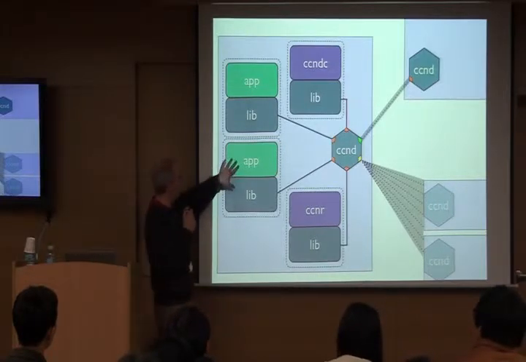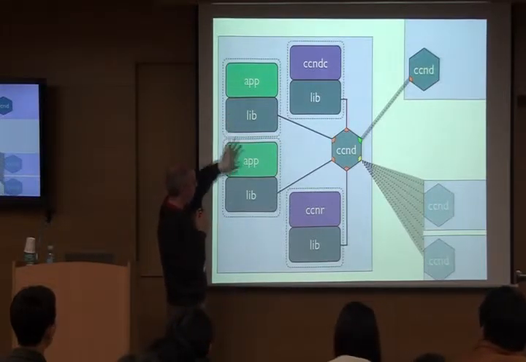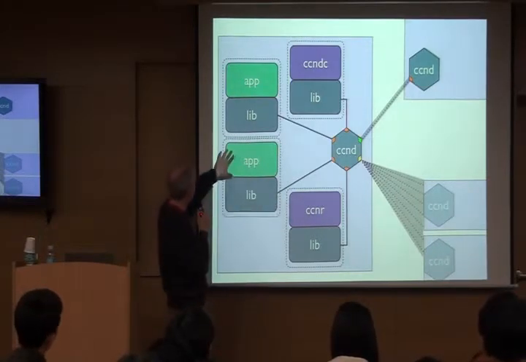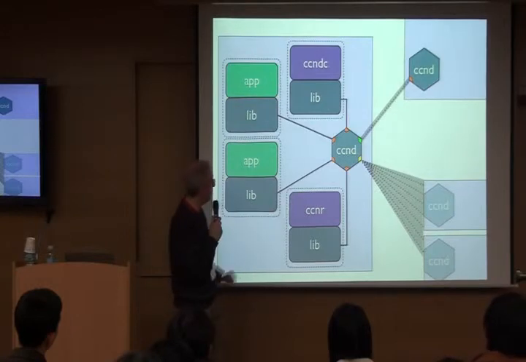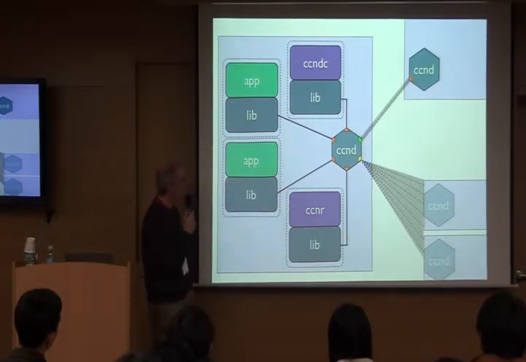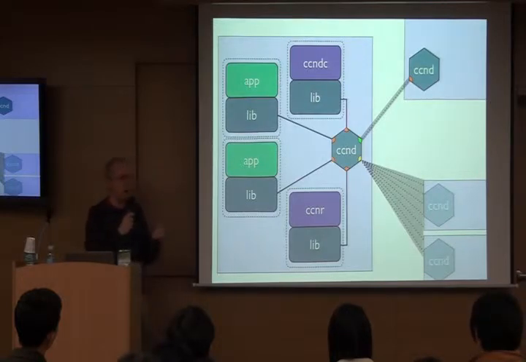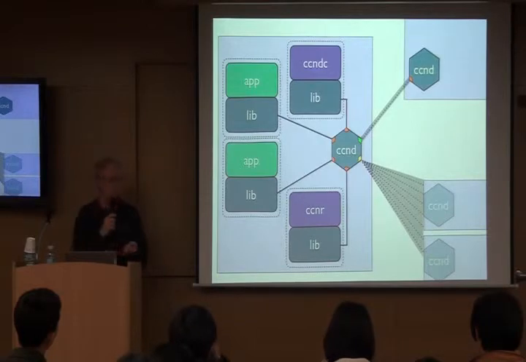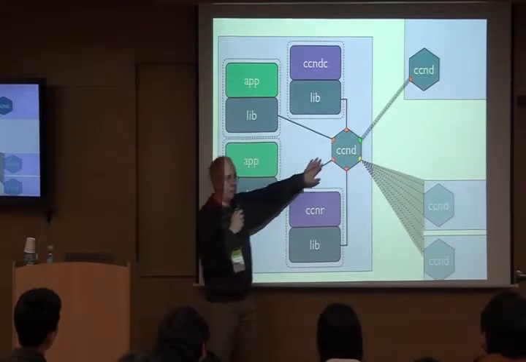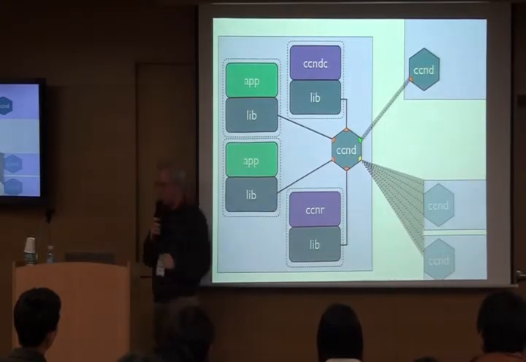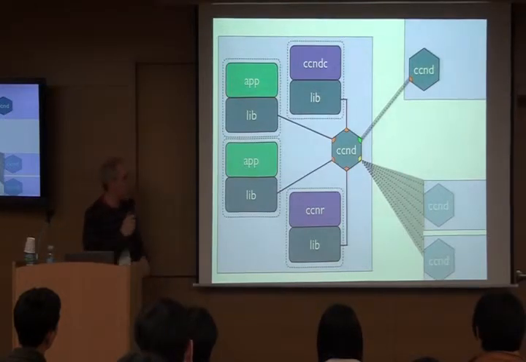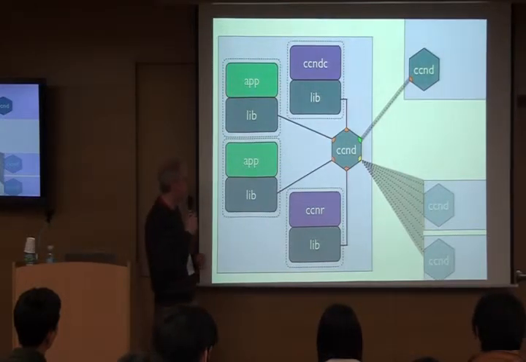Because every one of the programs that's using CCNx, all represented by these dashed line surrounded boxes, are all communicating with each other and with other nodes, with other machines on the network through their CCND. And so it would be more efficient if some of that was in the kernel, but we're not there yet.